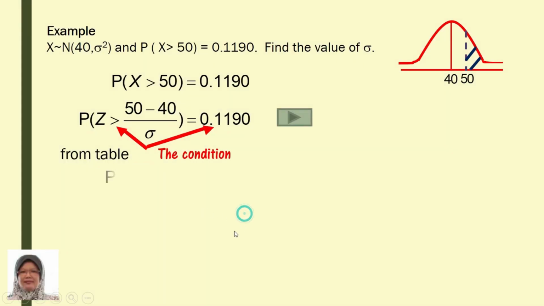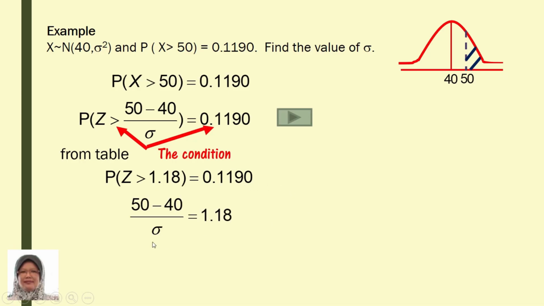So we can write P(Z greater than 1.18) equals 0.1190. So we compare, we get (50 minus 40) over standard deviation equals 1.18, and we get standard deviation equal to 8.47.